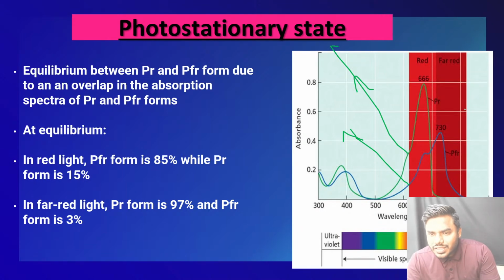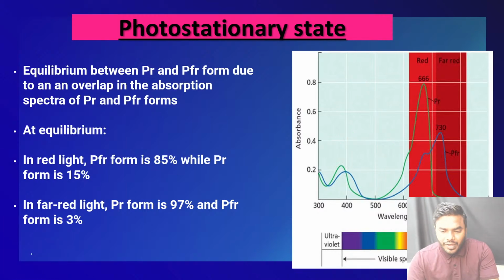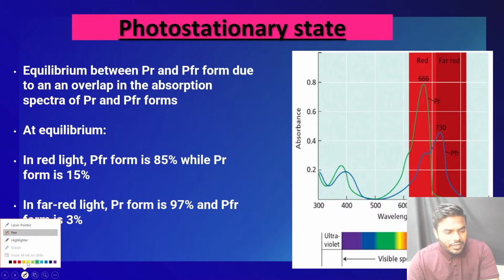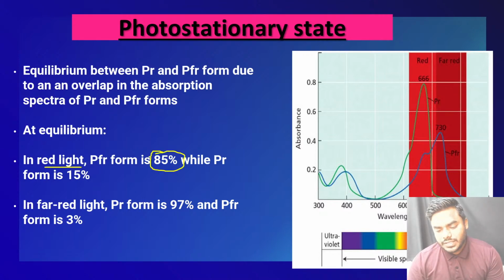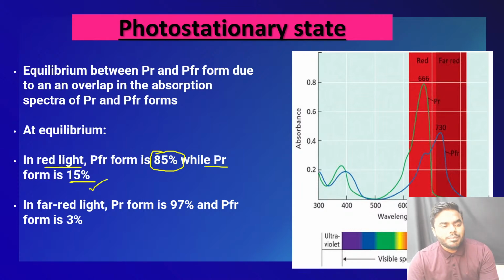So see, all the students listen. This is what light? Red light. This is what light? Far red light. Now everyone try to understand, friends, in between the red and far red light, what is their absorption ratio? In red light, PFR form is 85%, while PR form is 15%.